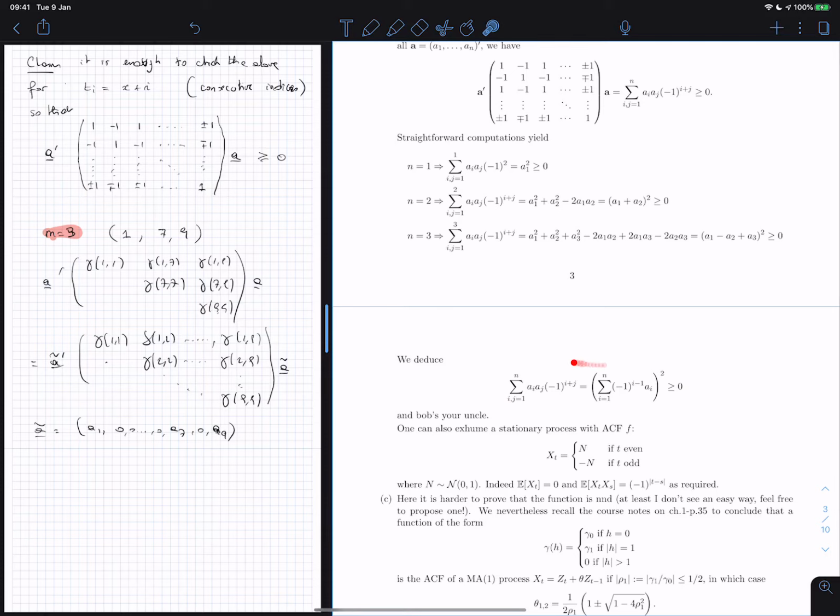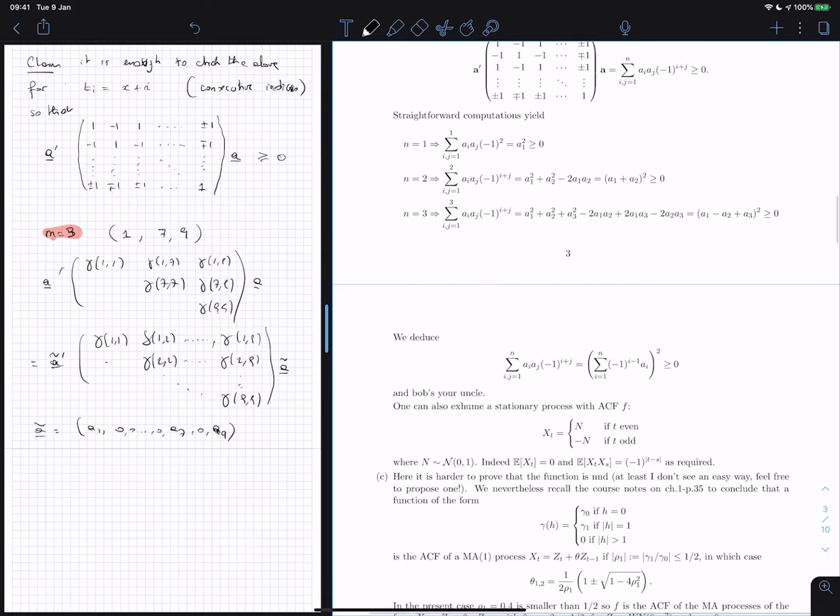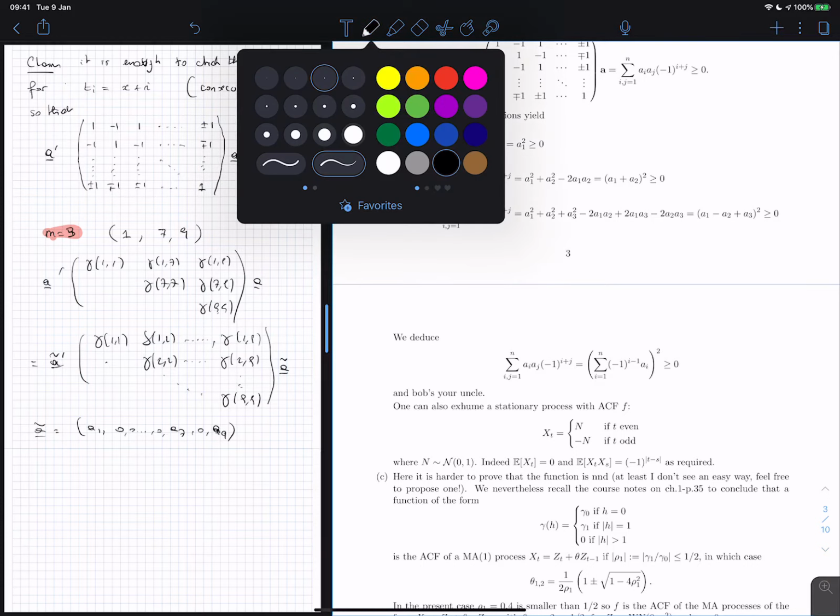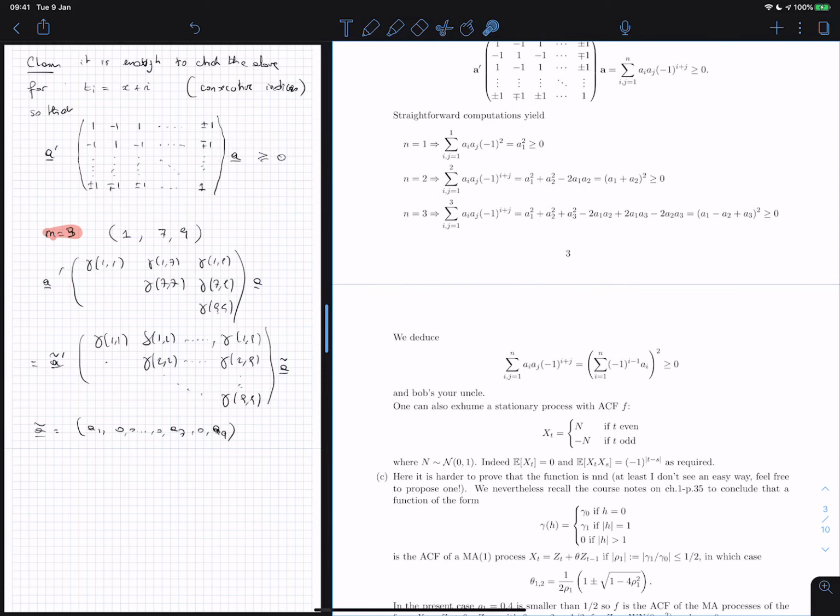That's how I got here. If you want to check it for real, I think you have to be a bit more careful. So either you do it by recursion, which I hate, so I don't do that. Or what I would do is I would plug it into Mathematica for a few examples and see if it works. And another way would be to actually be smart.